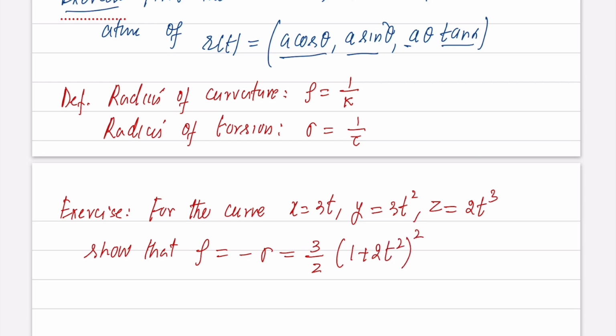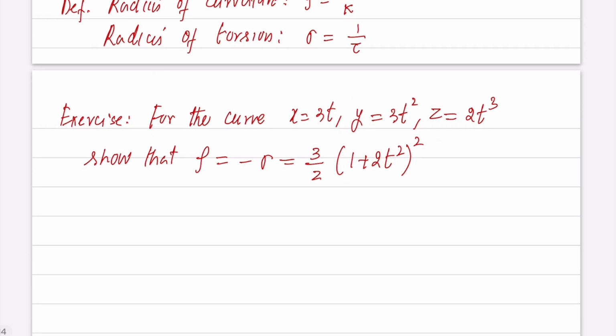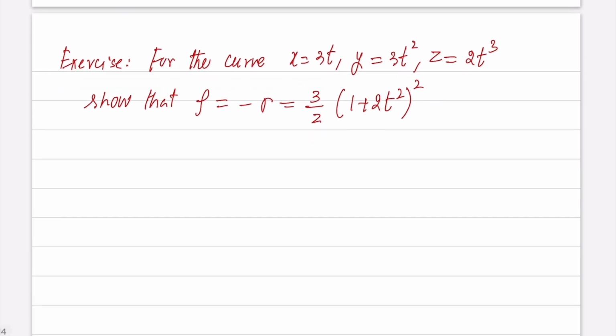Now we can clearly see that the curvature for this curve will be the reciprocal of this radius of curvature, and torsion will be the reciprocal of this radius of torsion. So here curvature is positive and the torsion is negative. Sometimes we can have curves with the same curvature and torsion, and in this case the curvature and the torsion are equal but opposite in sign.